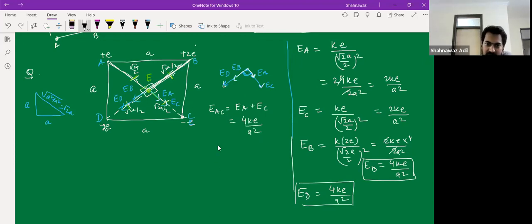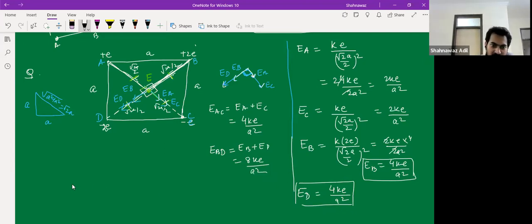And similarly for this case, EBD would be EB plus ED, so this is 8KQ by A square.